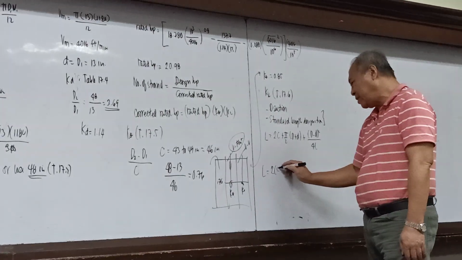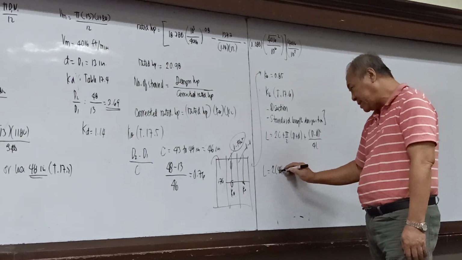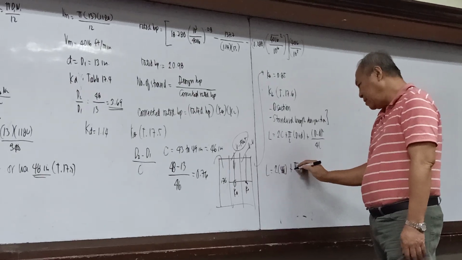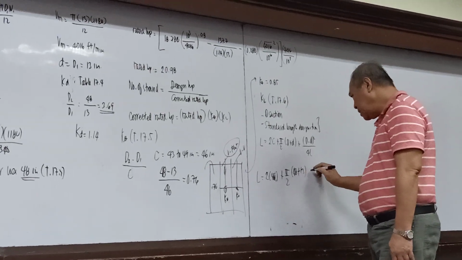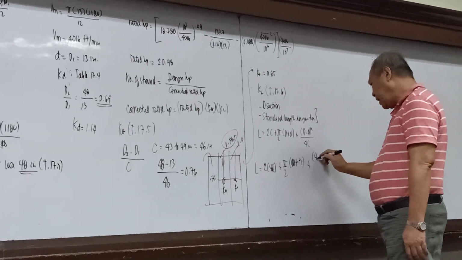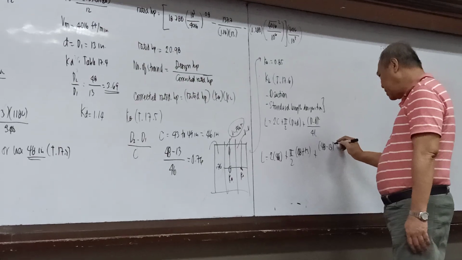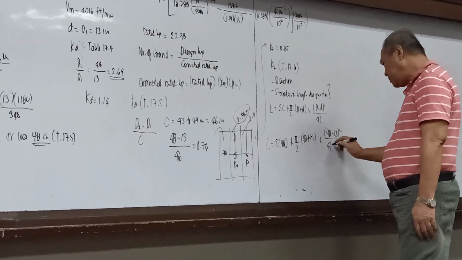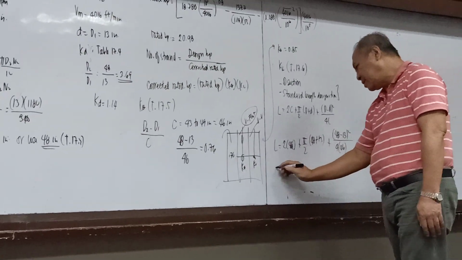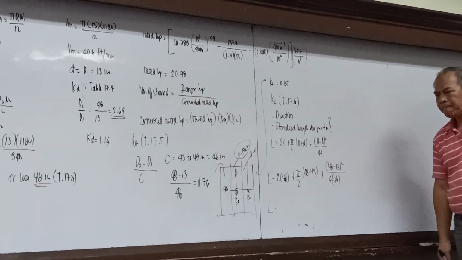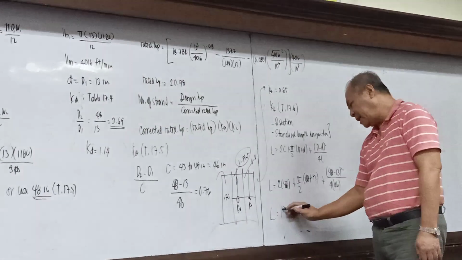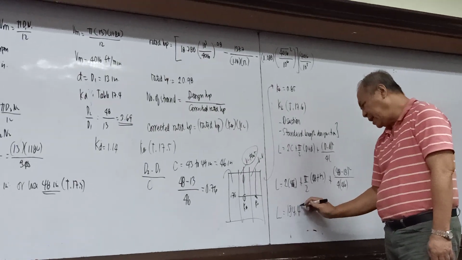Since everything is known, let's compute for that. So, this will be 2 times 46 plus pi over 2 times (48 plus 13) plus (48 minus 13) squared all over 4 times 46. So, what will be your L? What's the length of the belt? 194.48 inches.